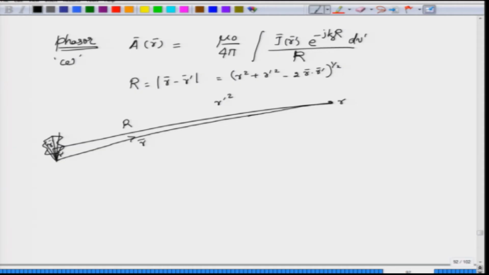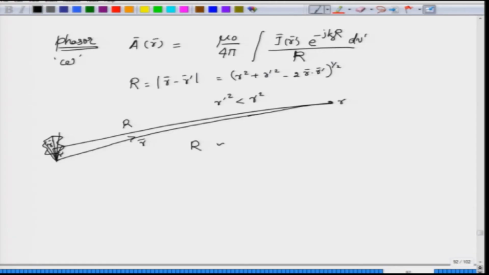You can see that this length is very small compared to the observation distance, meaning that this r prime square can be neglected in comparison to r square. Okay. Of course, I can't neglect that in the product because in the product r is there. So, a large quantity multiplied by a small quantity will give you a finite value, right. So, that is what we have.